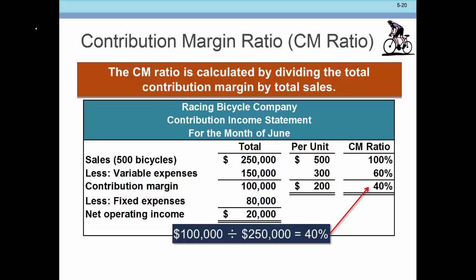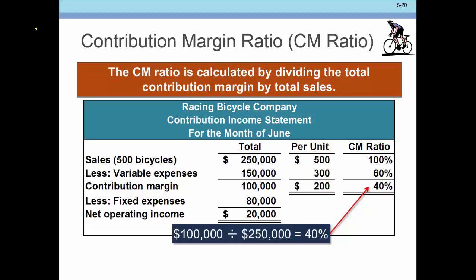With the contribution margin ratio, notice that our sales, at 250, is 100% of the ratio. Our variable cost being $300 constitutes 60% of the ratio. So our contribution margin ratio would be our contribution margin divided by our sales.